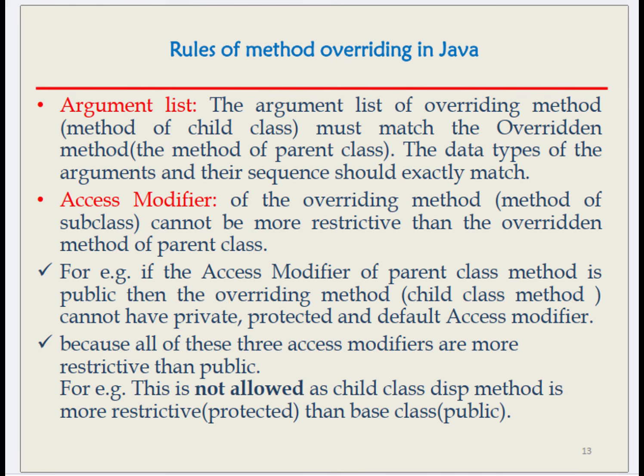For example, if the access modifier of the parent class method is public, then the overriding method in the child class cannot have private, protected or default access modifier, because all of these 3 access modifiers are more restrictive than public. For example, this is not allowed as the child class disp method is more restrictive, protected, than the base class, public.